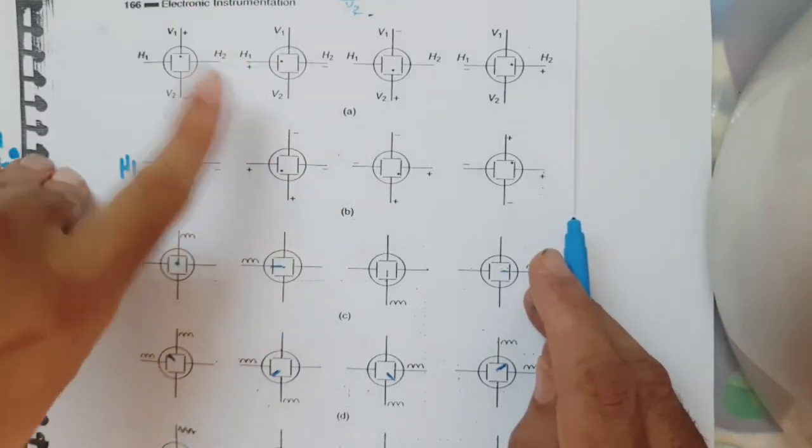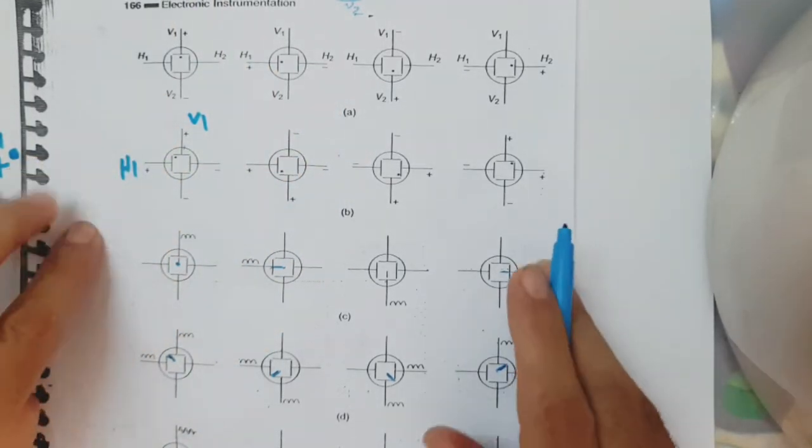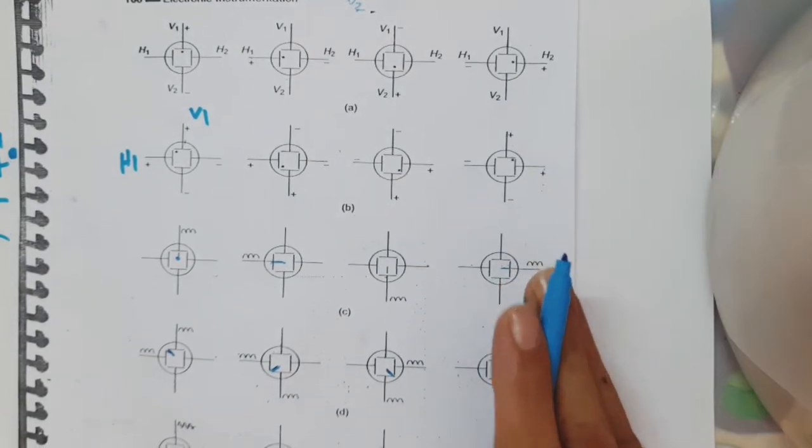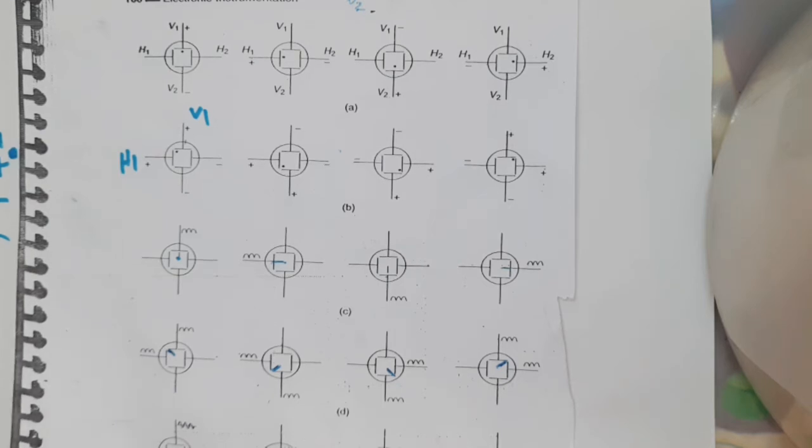This type of the deflection takes place when both the terminals, horizontal terminal and vertical terminal, both are positive, right?